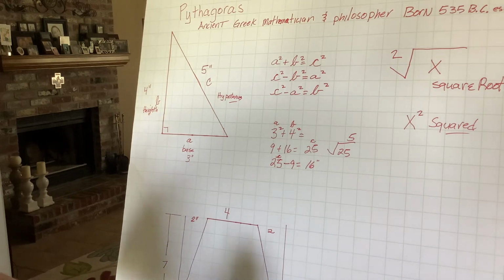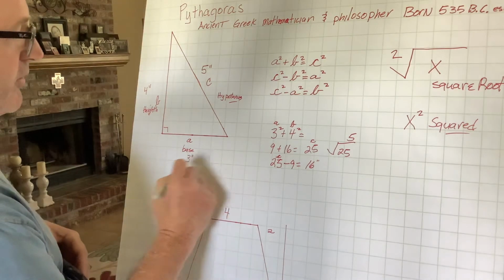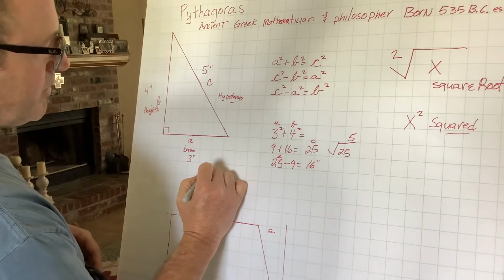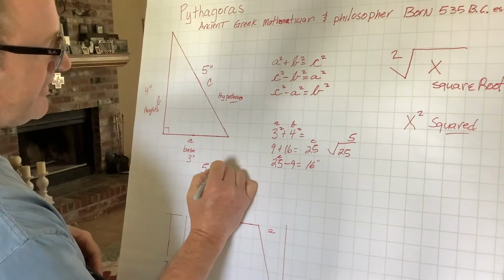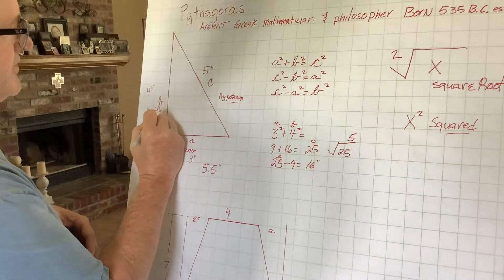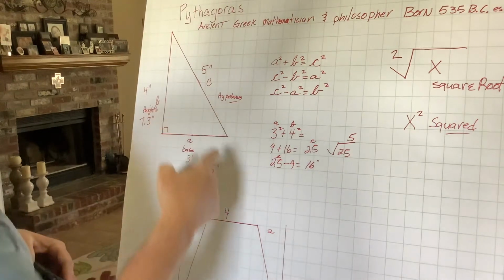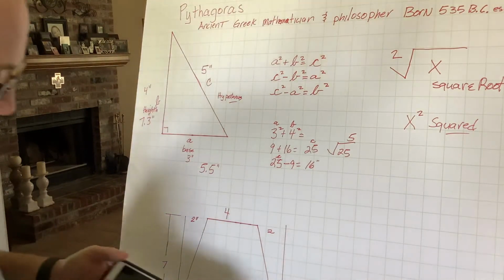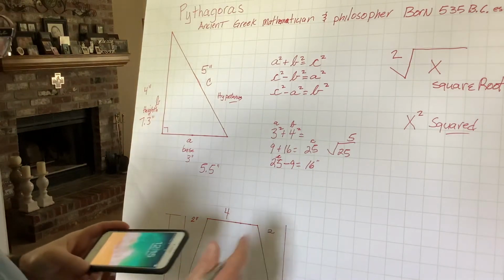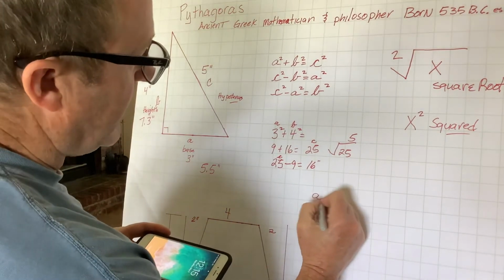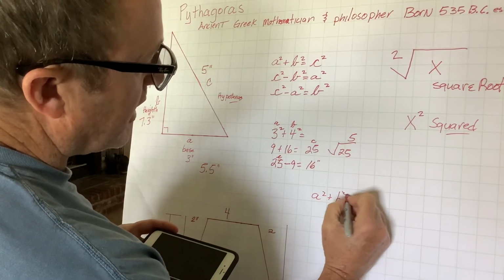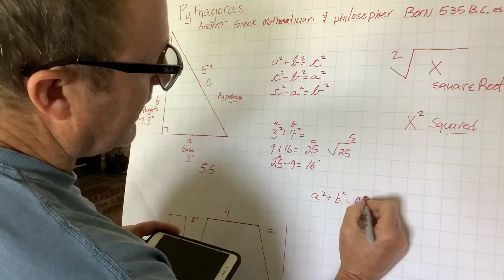Let's say we're going to figure this one out again. This is going to be 5.5 inches. Let's say that this is 7.3 inches. And we want to solve for that triangle. Okay? So what we would do, again with the calculator, A squared plus B squared equals C squared.